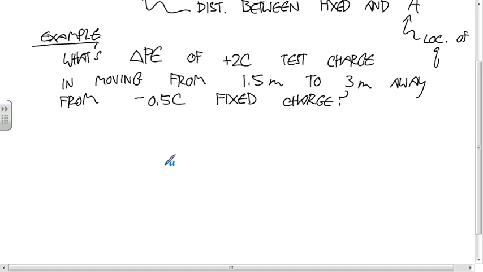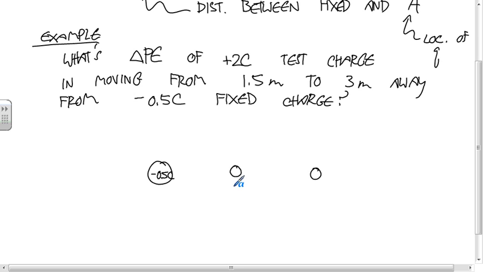So we have a fixed charge of minus 0.5 coulombs, and we want to figure out what's the potential energy change in a test charge going from this location to this location.